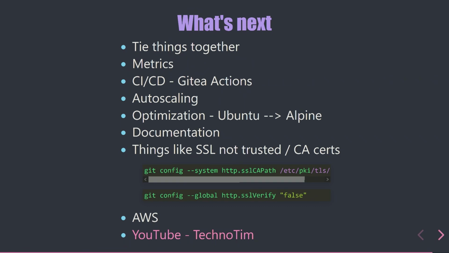And then we want to optimize these containers because they all have Ubuntu, but by using Alpine, we'll be able to slim down those containers. Being able to fall back to AWS is something we haven't accomplished yet. And then better managing certificates, because when you're on a VPN, you have HTTPS certificate issues.